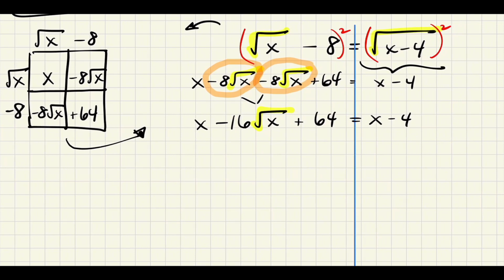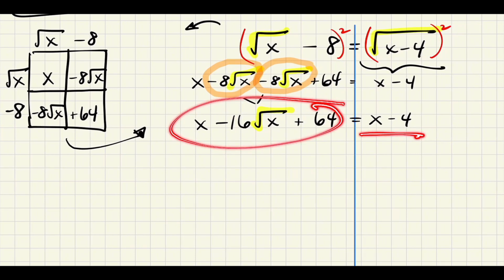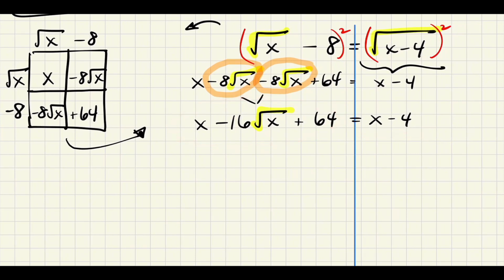Well, now I only have the root on one side. It's only on the left side. It disappeared from the right side. So I'm going to get the root by itself. So I'm going to subtract 1x from both sides. 1x, take away 1x, makes 0 on both sides.